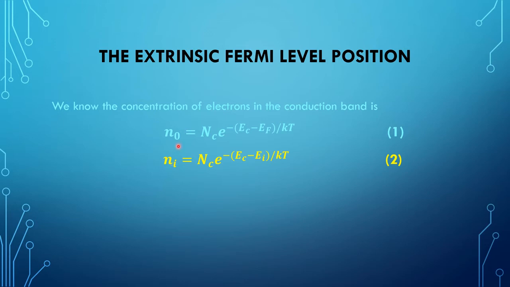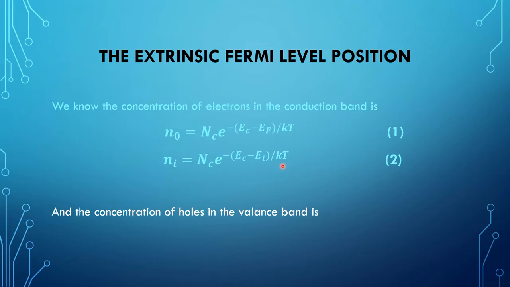So we can write equation 1 as equation 2: ni equals Nc e to the power minus (Ec minus Ei) divided by kT, where the Fermi energy is represented by the intrinsic Fermi level Ei. So, this is equation 2.